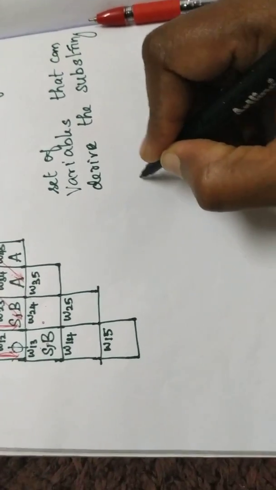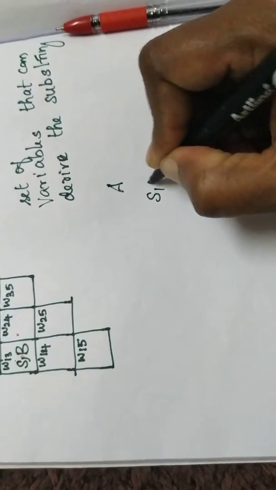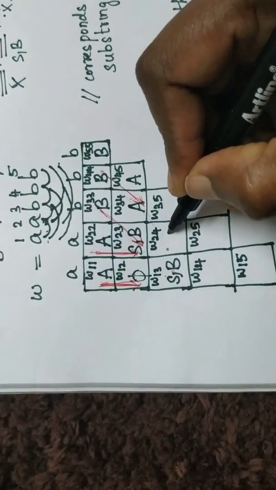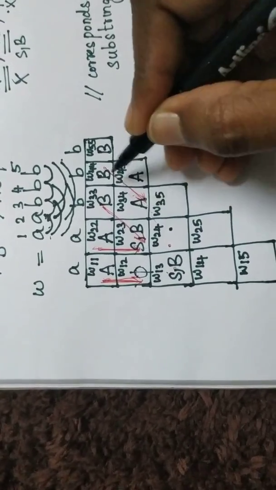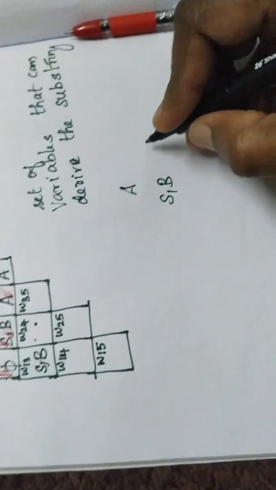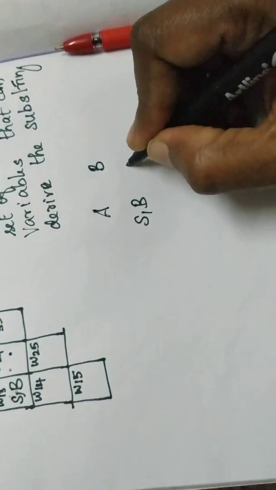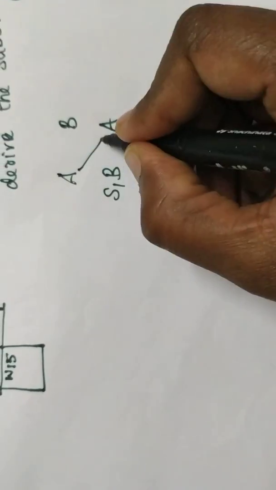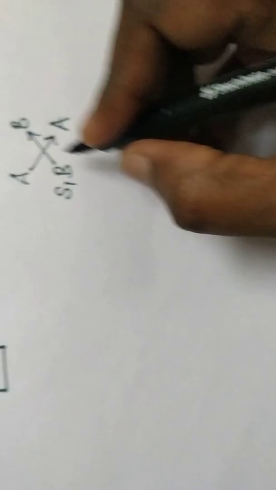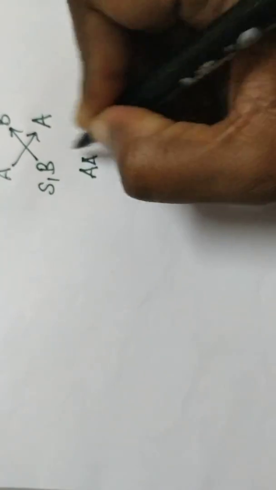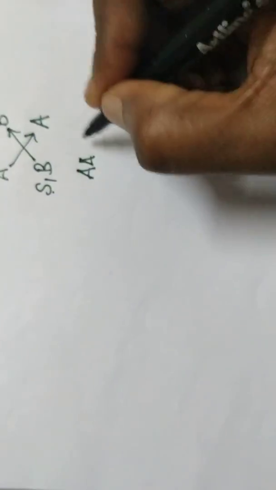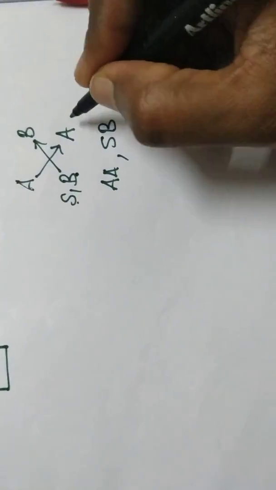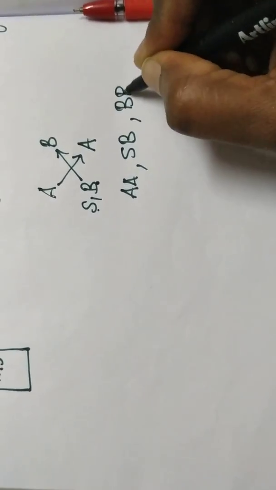A, and then S comma B, and from here diagonal to this, from top to bottom, B A. Now when we combine this, we will get AA, and then when S is combined with B, we get SB, and when B is combined with B, we get BB.